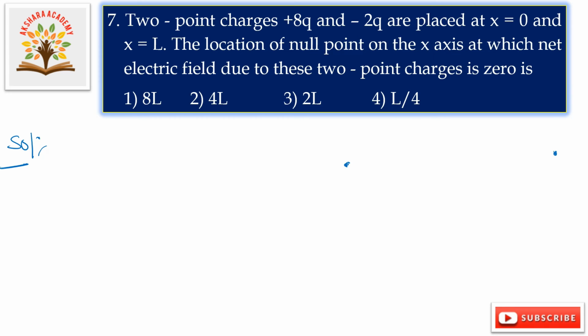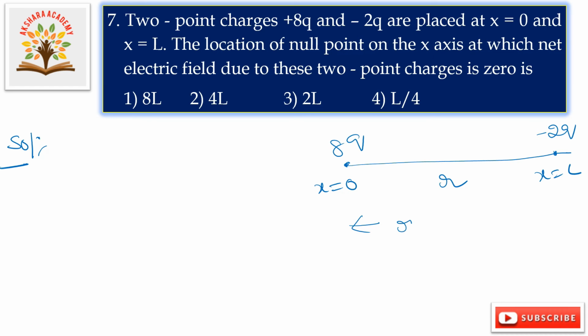One is minus 2q, the other is 8q. They are separated by distance, at x is equal to 0 and at x is equal to L. From here to here r plus x, and this is the point N. From here to here x.